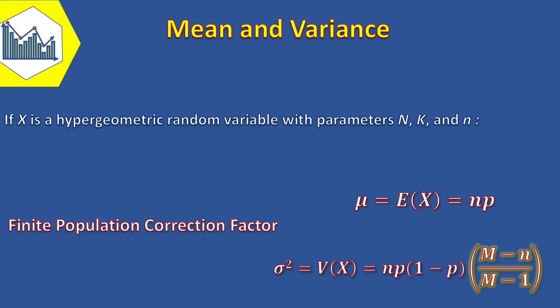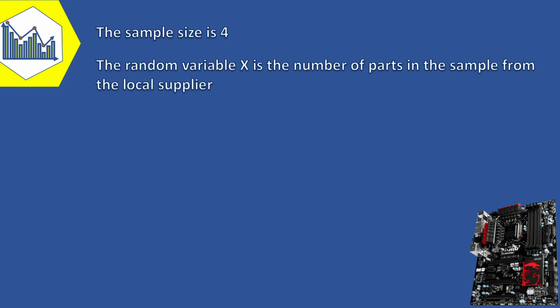Now, as always, let's see an example of the mean and the variance of the hypergeometric distribution. In the last example, the sample size is 4. The random variable x is the number of parts in the sample from the local supplier. Then p equals 100 over 300, that is 1/3.